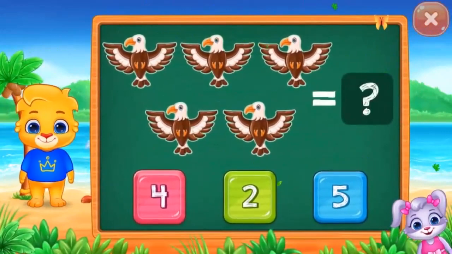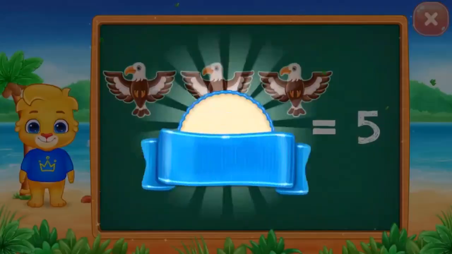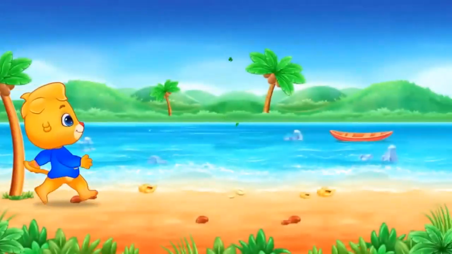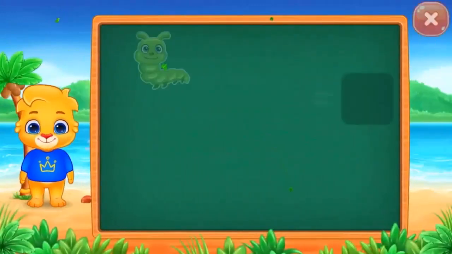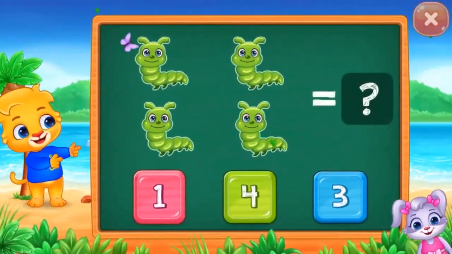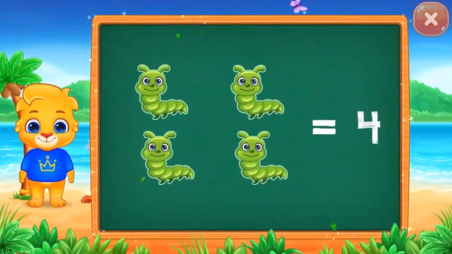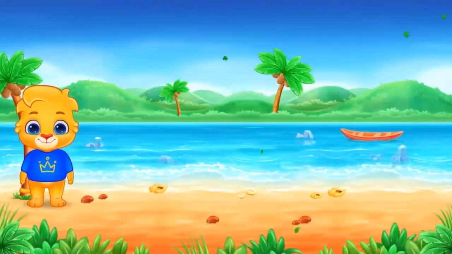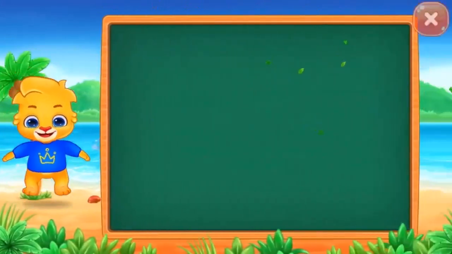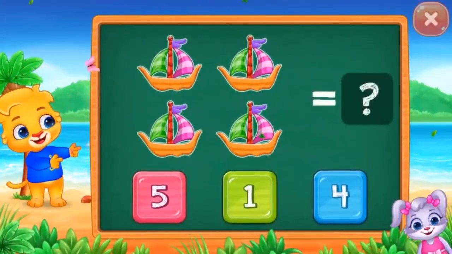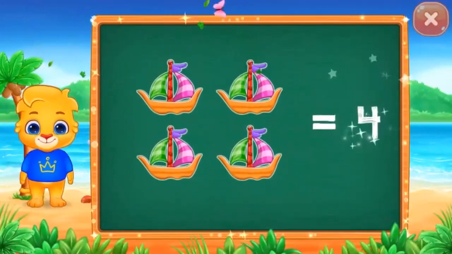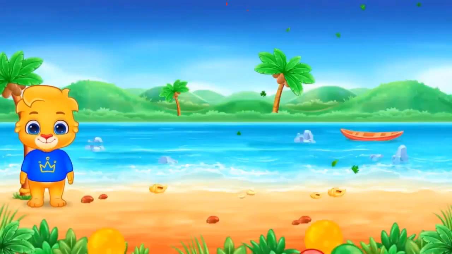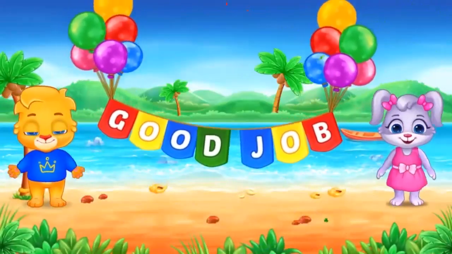Eagles! 5! Woohoo! 5 eagles! Caterpillars! 4! Woohoo! 4 caterpillars! Boats! 4! Woohoo! 4 boats! Good job!